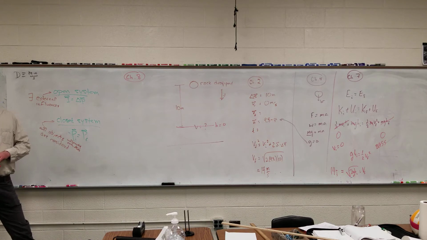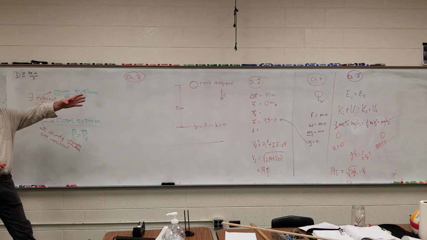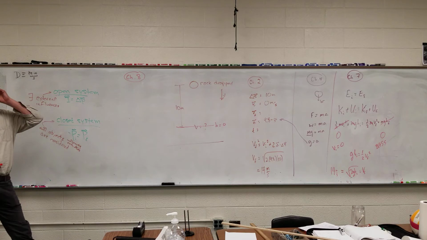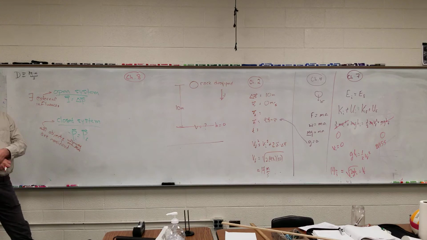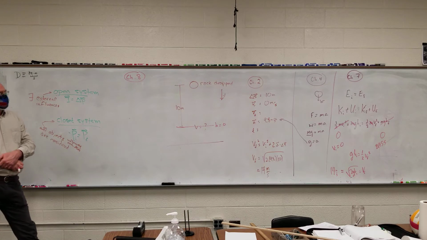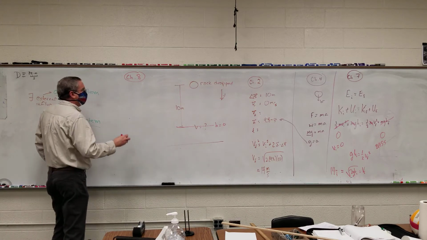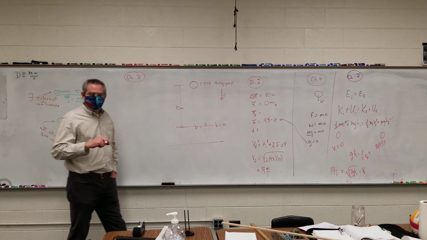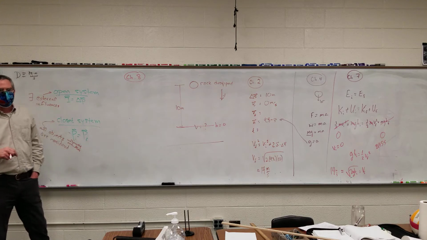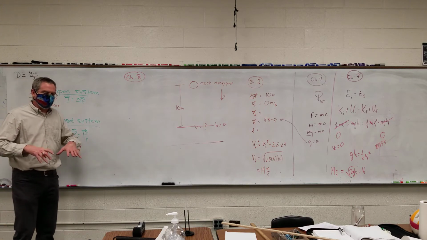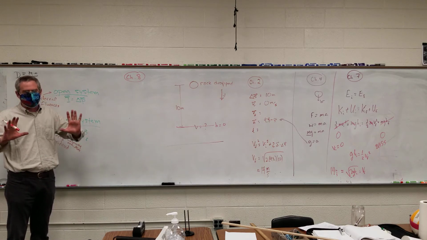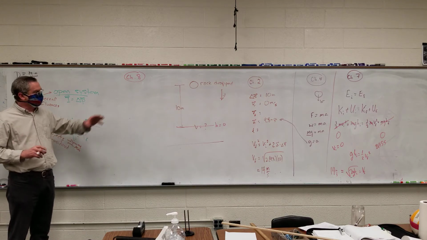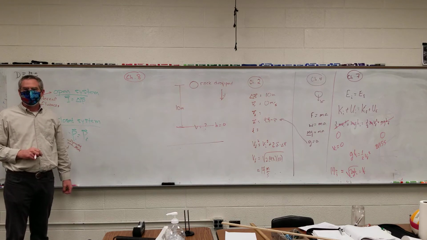And then the chapter 8 version. Questions about what we've done so far before we do the momentum bit? All right. I'm going to treat this as an open system, because I really don't want to worry about the Earth moving. I'm just going to make the bold assumption that the Earth is not going to move significantly while this rock falls 5 meters.